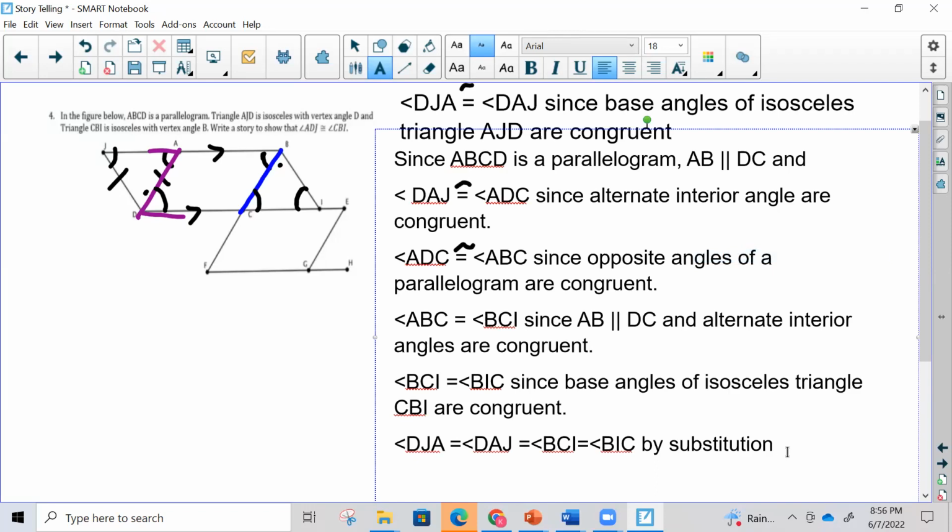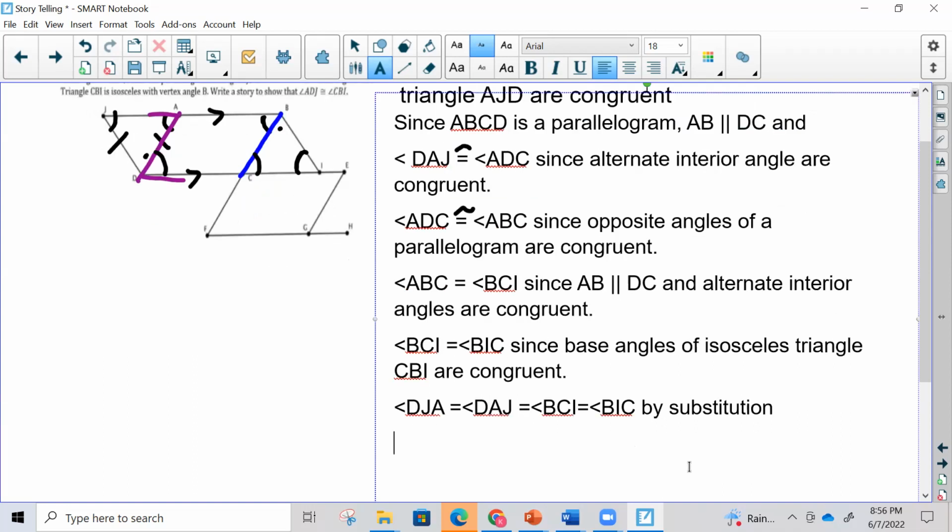And how does that help me? Well, now I have two triangles with two congruent angles, which means that that remaining angle has to be equal since the three angles add up to 180. So if these two angles are equal to these two angles, then this remaining angle has to be the same as that remaining angle. So what we can do then is write the triangle sum formula.